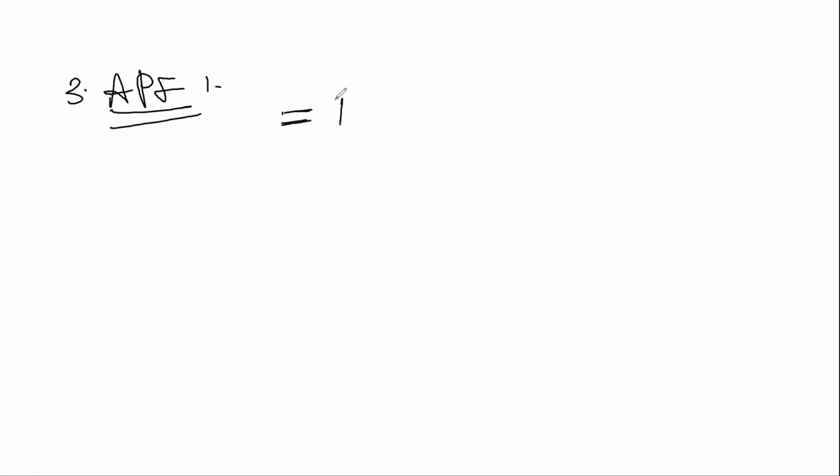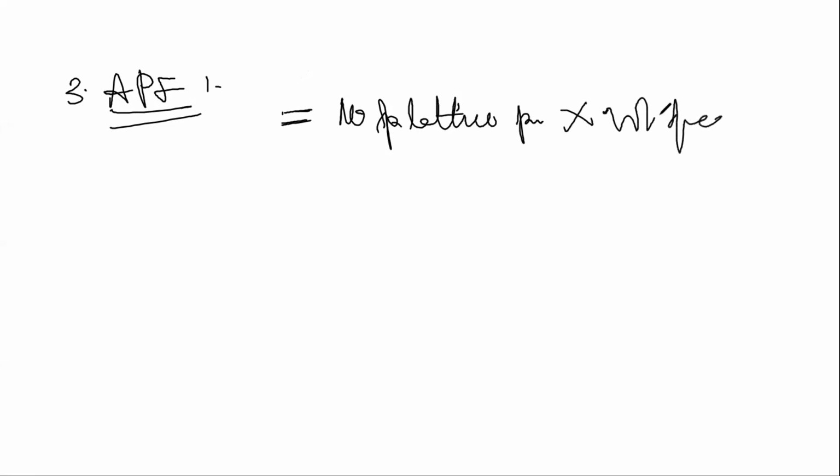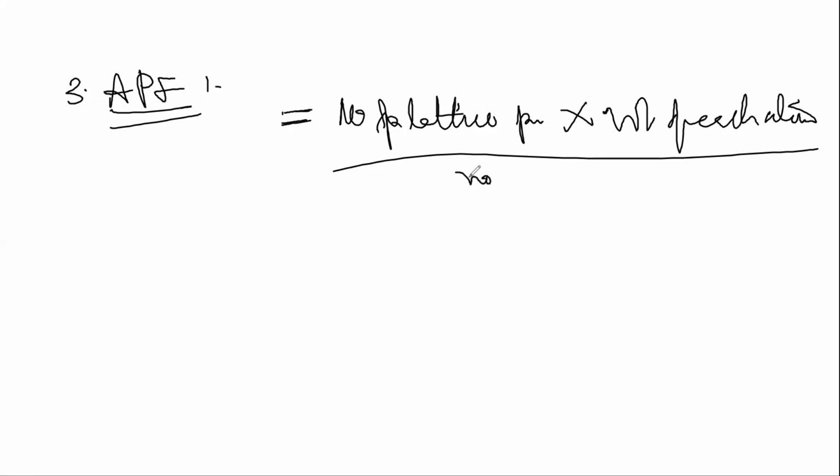So the number of lattice points per unit cell into the volume of each sphere or each atom, by the volume of the unit cell. So what is the number of lattice points per unit cell here?